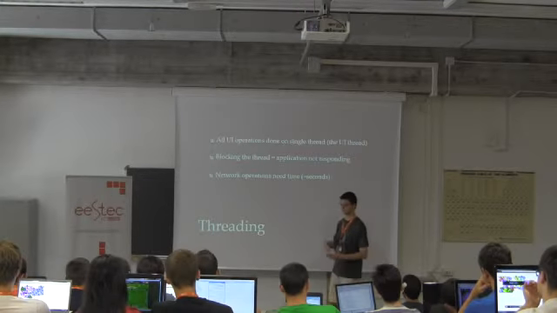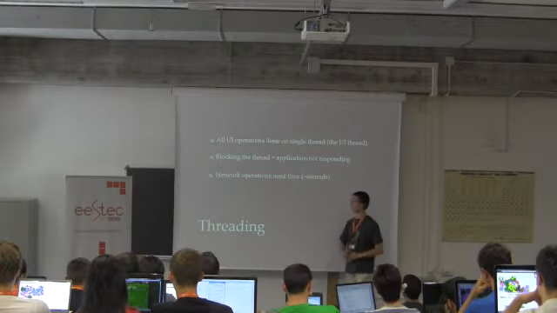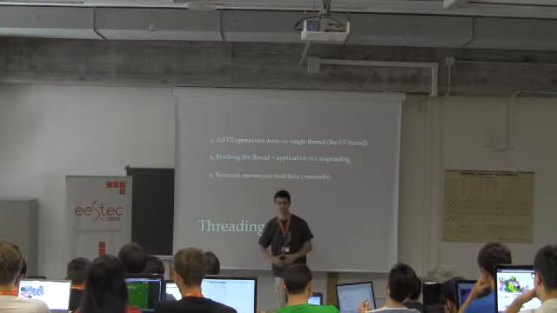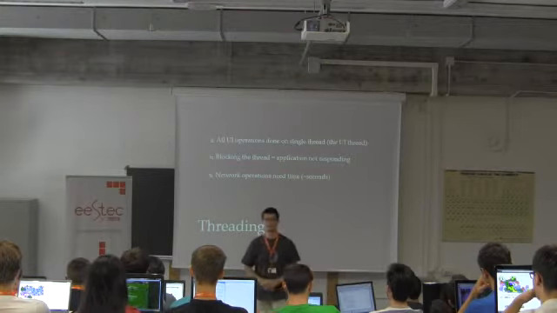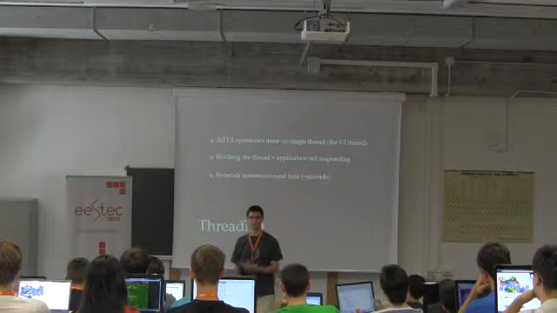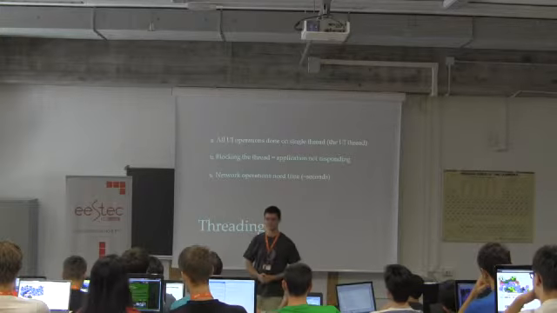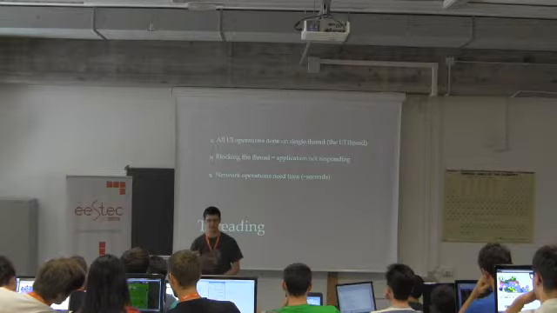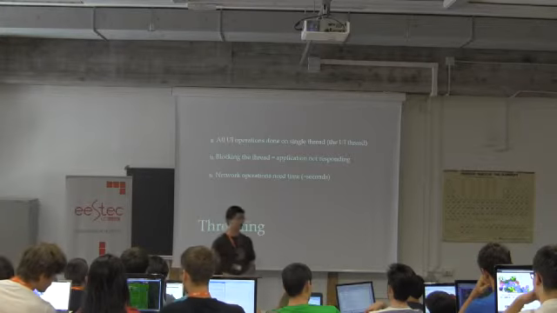Because when we want to redraw something, it has to be on the single main thread, the UI thread, and connecting to the network can take quite a long time, like a second or two, and if you just block this entire thread, no UI updates can occur. Then you have to just wait until the network operation finishes or fails, and in that time, the app just freezes. So we have to think of a solution for that.